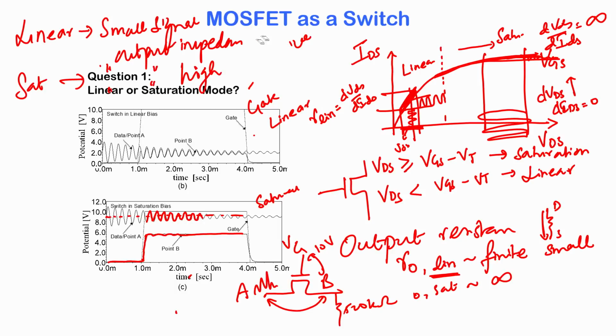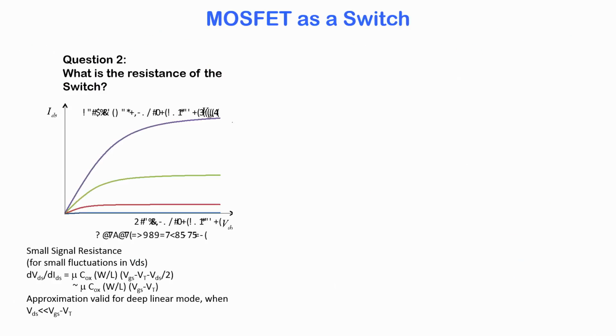Therefore, we want the MOSFET biased in linear mode operation for use as a switch. So, we have decided it is linear mode operation.